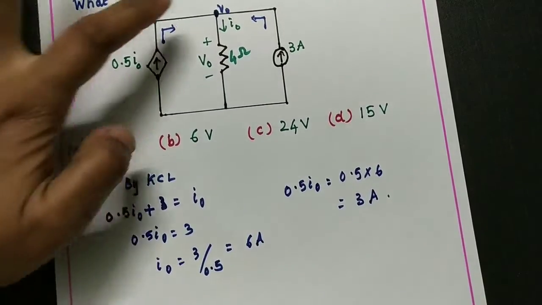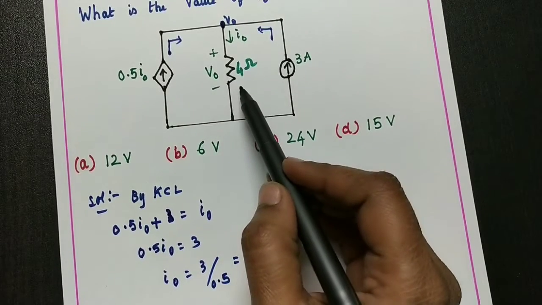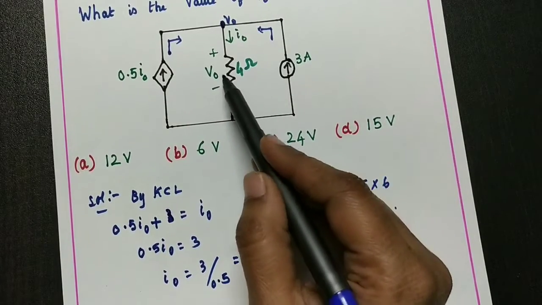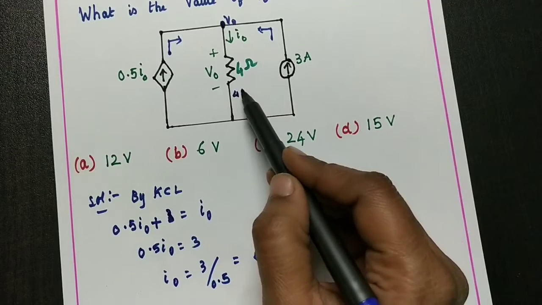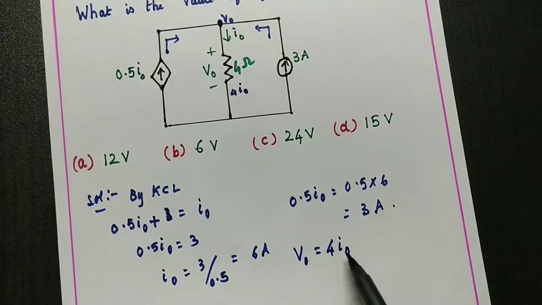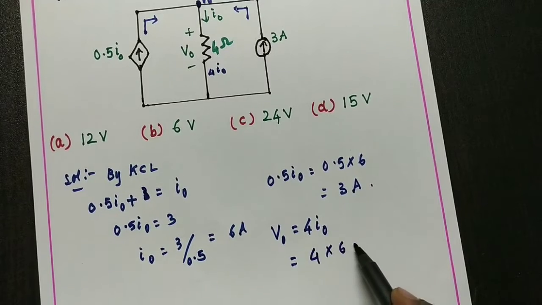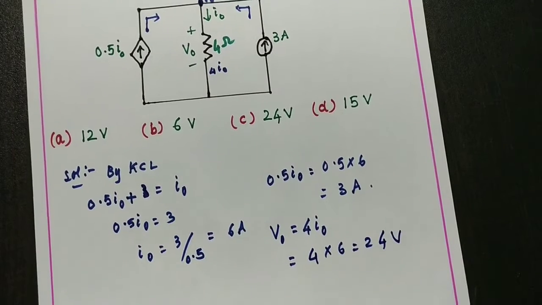What they asked is V0. V0 is the voltage across the 4 ohms. So V0 equals 4 into I0. We found I0 is 6 amps, so 4 into 6 equals 24 volt.